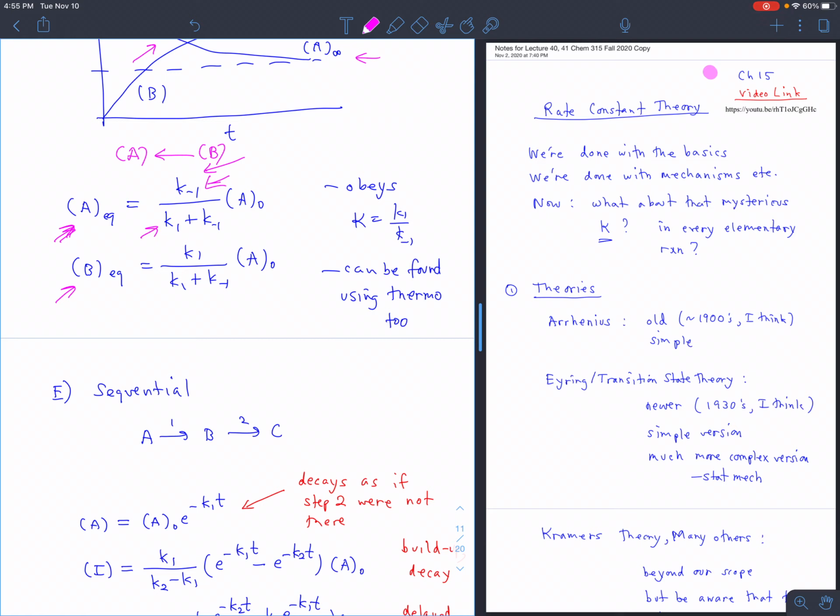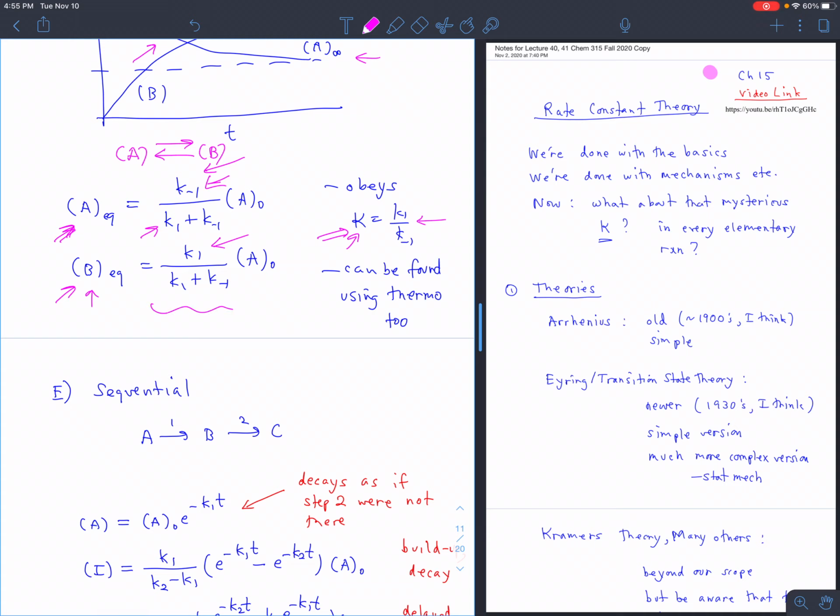Or for B, it's the rate constant for the forward reaction, since that's what creates B, again over the sum of the two. And you can show, if you take the ratio of these two, that that's equal to K1 over K minus 1, which is equal to the equilibrium constant when you're at equilibrium. And so again, the connection to thermodynamics is clear.